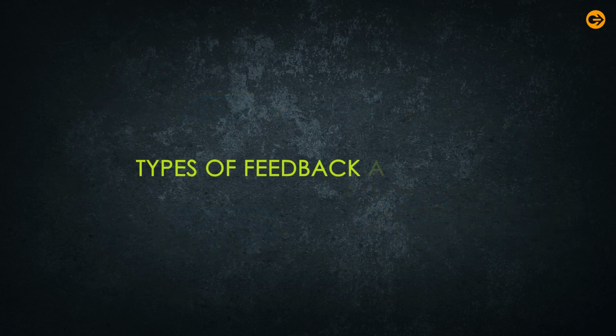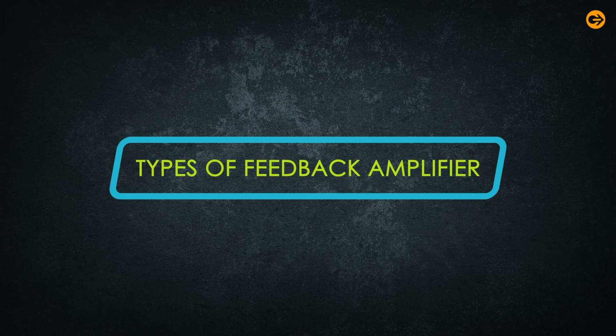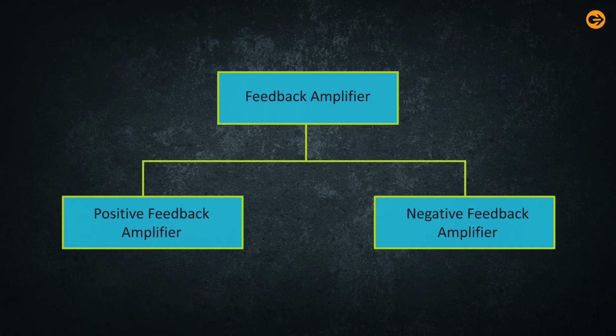Now we will be discussing the types of feedback amplifier. This amplifier is classified into two types based on the feedback signal. The first one is the positive feedback amplifier and the second one is the negative feedback amplifier. Now let's discuss both the types in detail.